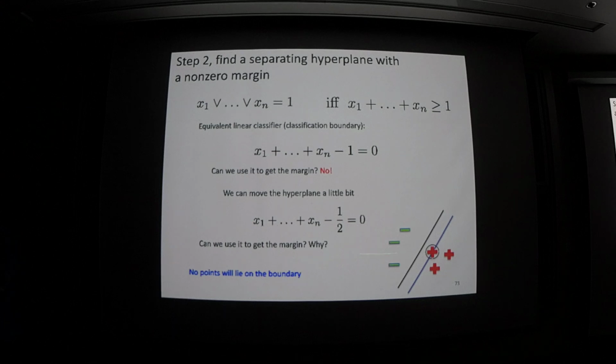Then the function value is just half, divided by the norm of the weight vector, as the minimum value. If more than one element among x1 to xn is 1, then the function value is bigger than half, so the distance is bigger.